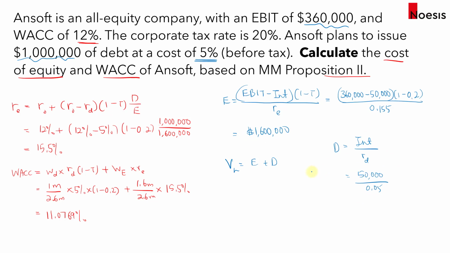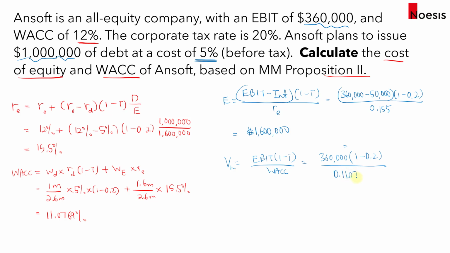Another way to check is to use the other formula for the value of the levered firm, which is your EBIT after tax divided by your WACC. EBIT is 360,000, after tax is times (1 minus 0.2), and the WACC is 11.0769%.